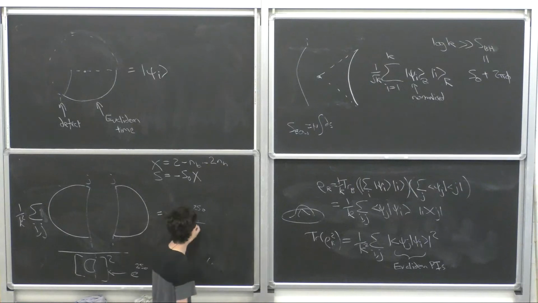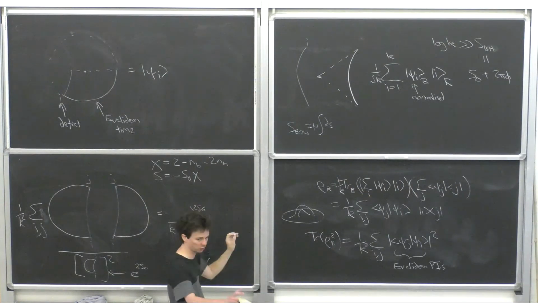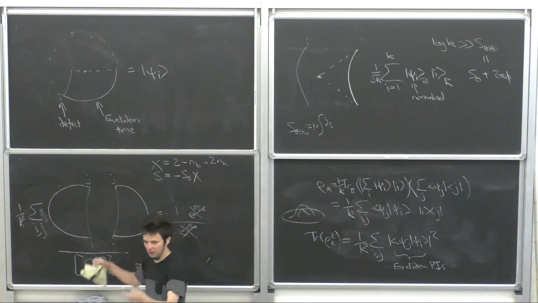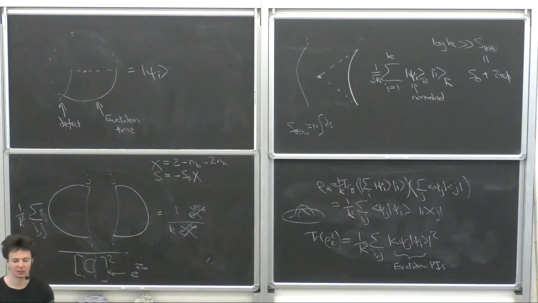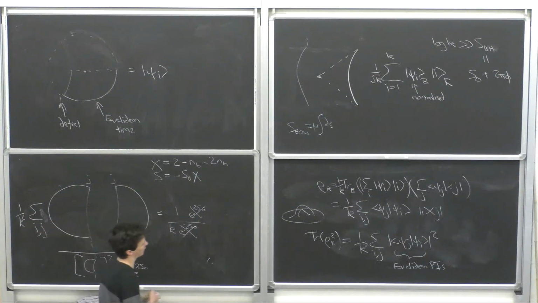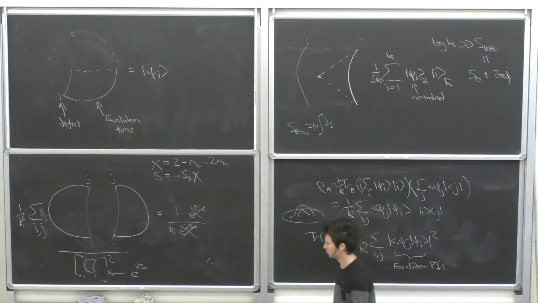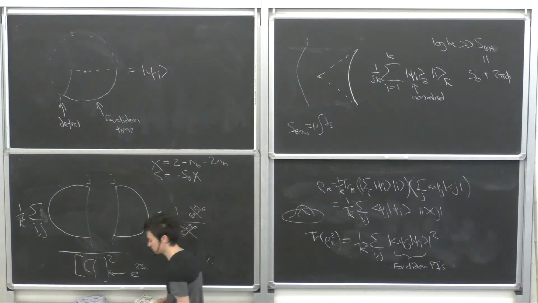Okay, so these two things cancel. In fact, they exactly cancel even if we'd included the other terms in the action. And so we get 1 over k, which is indeed what we claim should be the case when k is much less than e to the Bekenstein-Hawking entropy, or what Hawking would claim to be the case always.